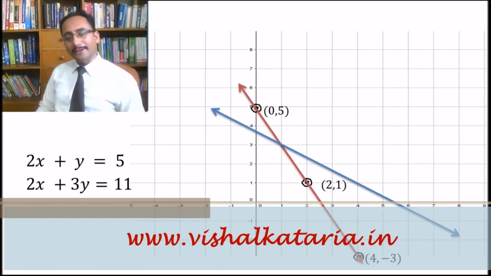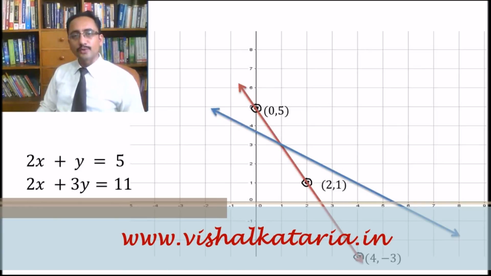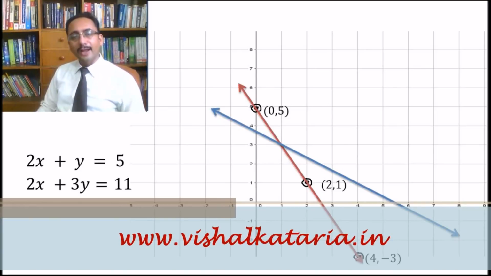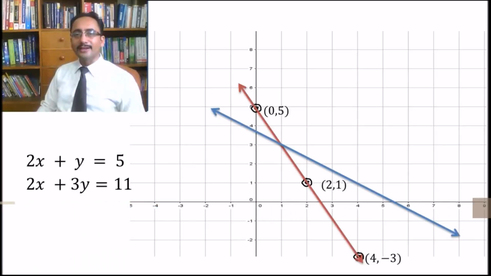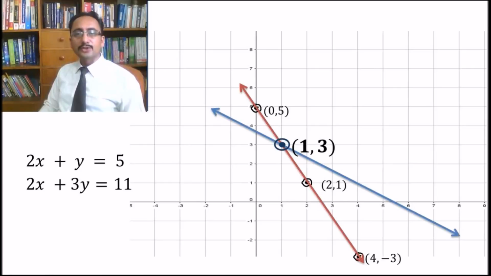Every point on the blue line is a solution of this equation, and every point on the red line is a solution of the first equation. The common solution of these two equations is the point of intersection, which is (1, 3). So (1, 3) satisfies both linear equations.